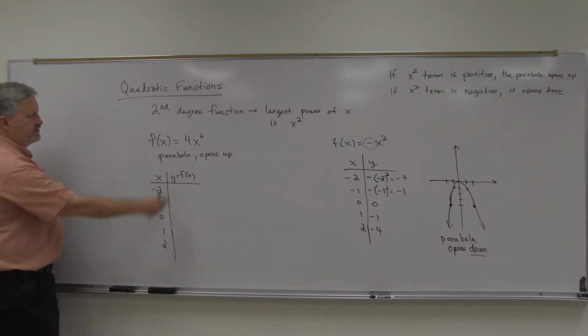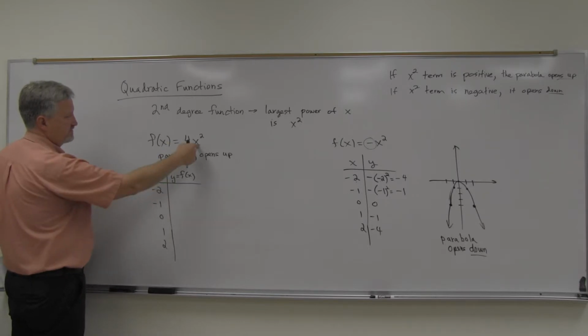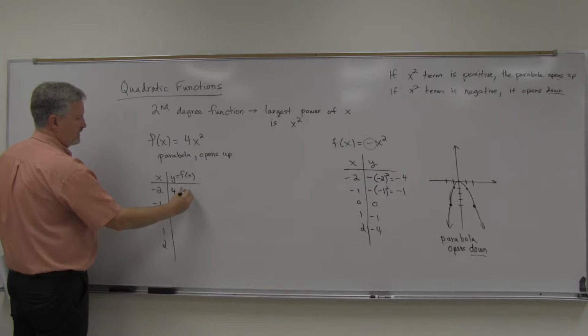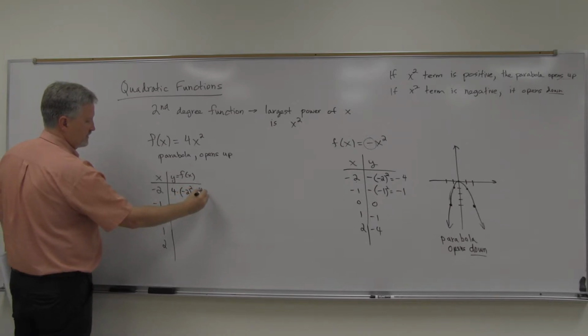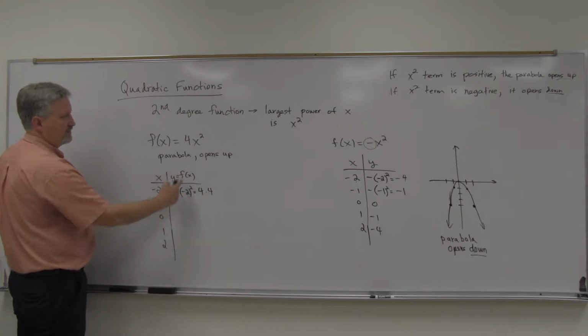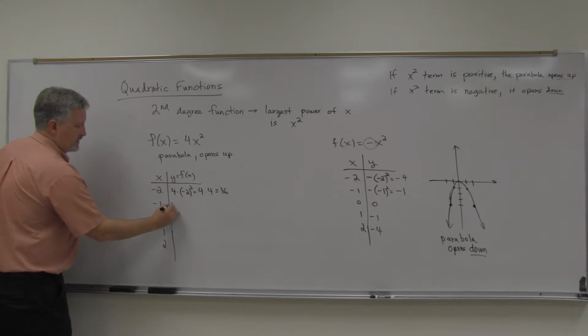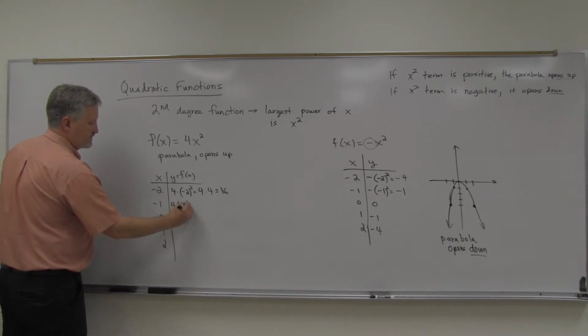-2 to +2, so that would be plugging the x to be -2, so we have 4 times -2 squared. What's that going to give you? Well, -2 squared is 4. Then you multiply it by that 4, so you get 16. And then here you got 4 and -1 squared, right?